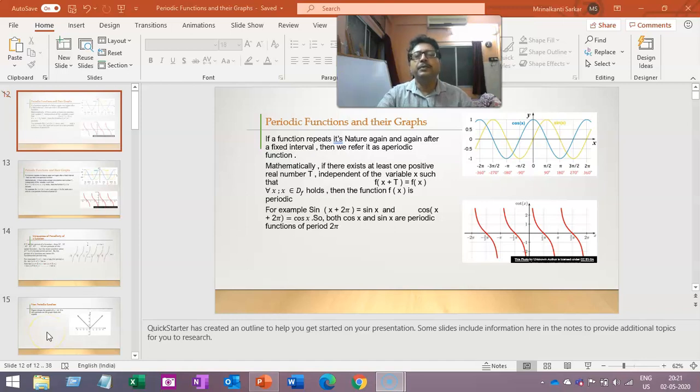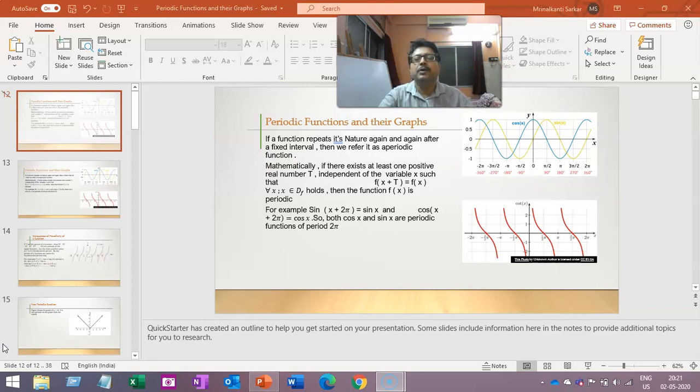And if you know that it is a periodic function, then over a fixed interval its graph will be repeated. So the first thing regarding a periodic function is that it is a type of function whose graph can be repeated.